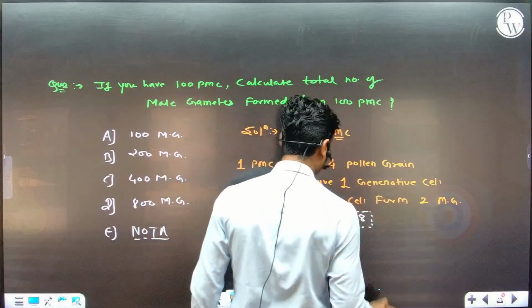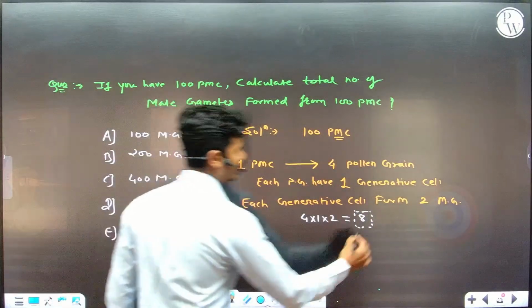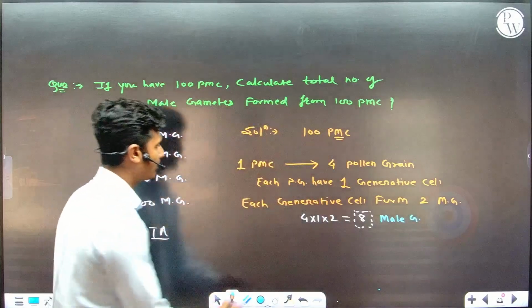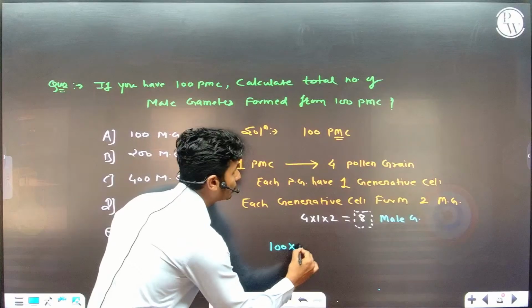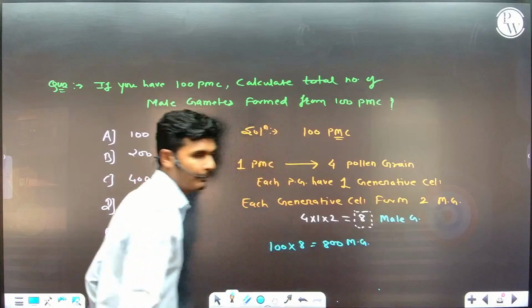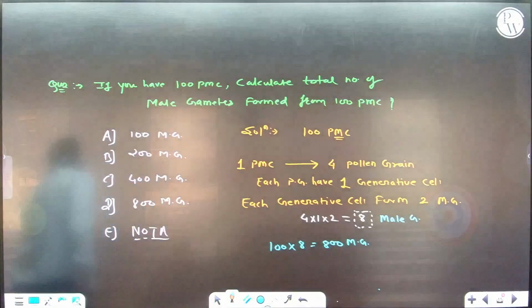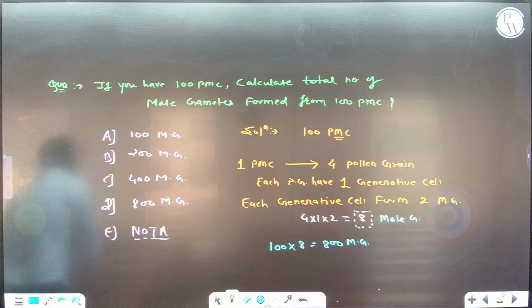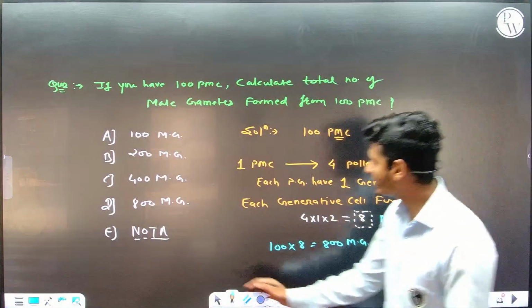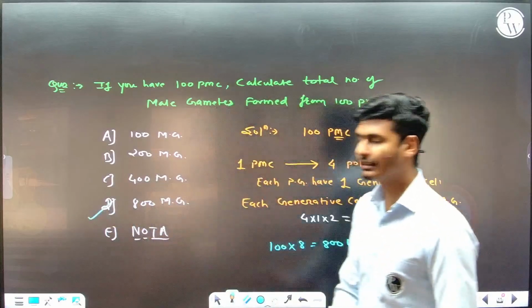From 1 PMC, 8 male gametes. From 100 PMC, 100 times 8, 800 male gametes. Option D is the correct answer.